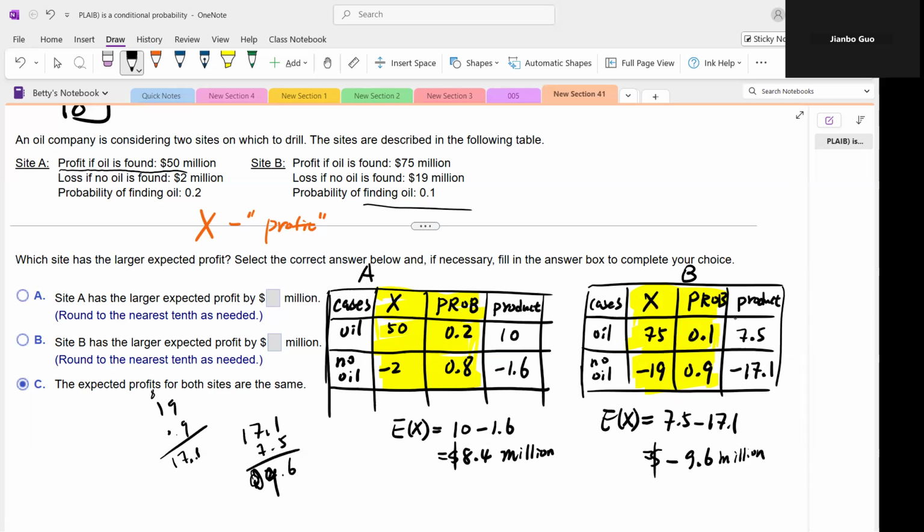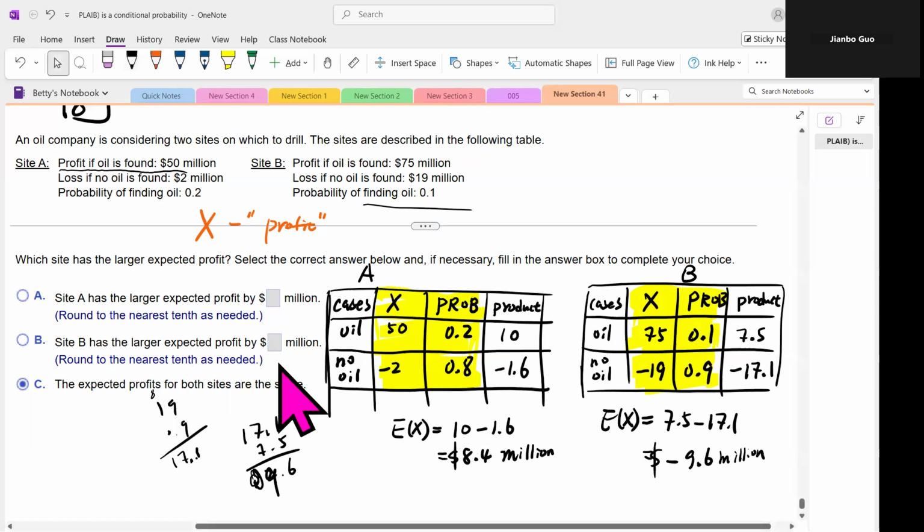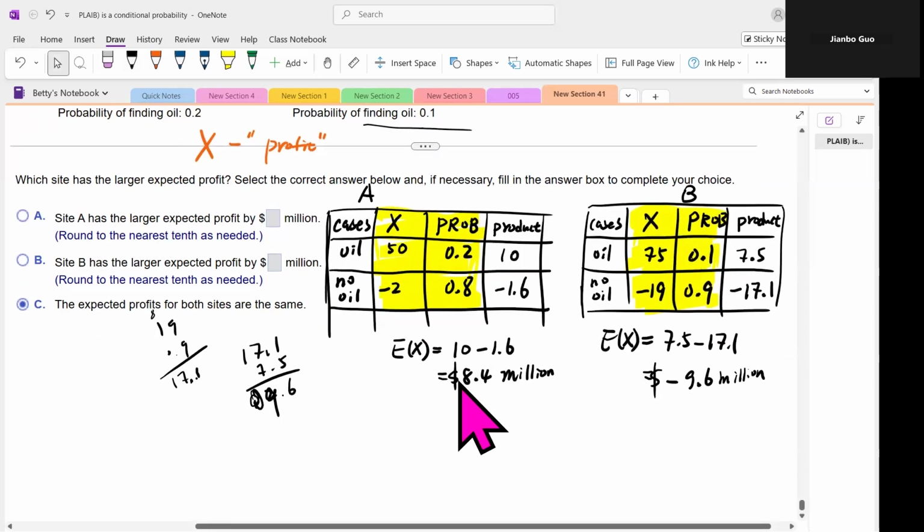So for site B, the expected profit is negative 9.6 million. Of course you choose site A, right? By how much?